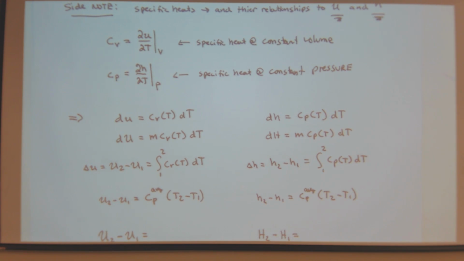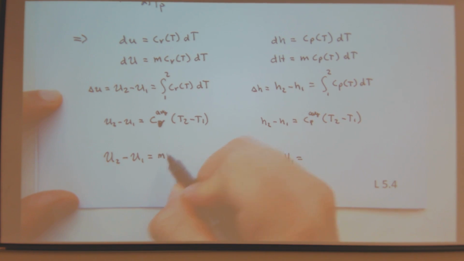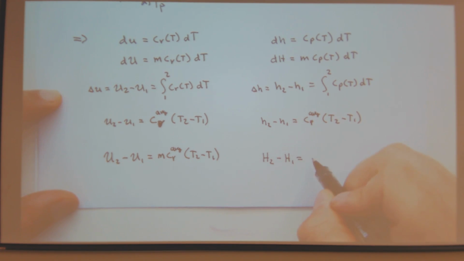For the U, would it be CV average? Yeah, sorry. Thank you. And of course I can do big U, my mass, CV average, temperature 2 minus temperature 1, and big H, mass, CP average, temperature 2 minus temperature 1.